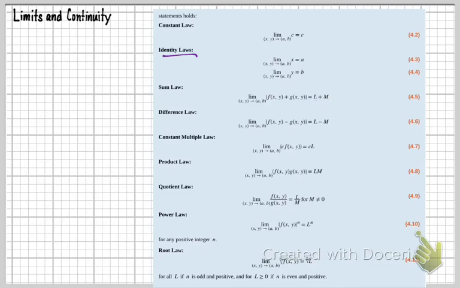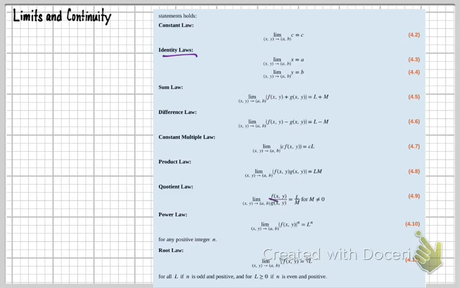A constant multiple law: I can take a constant and pull the constant out, take the limit, and then multiply it times the limit of f(x,y). I can do a product law. Now, this is the one that most of us never really pay attention to. But if each of those limits exist on their own, and the first one gives me an L, the second one gives me an M, that means I could take the limits individually and then multiply them together, and that limit will be good.